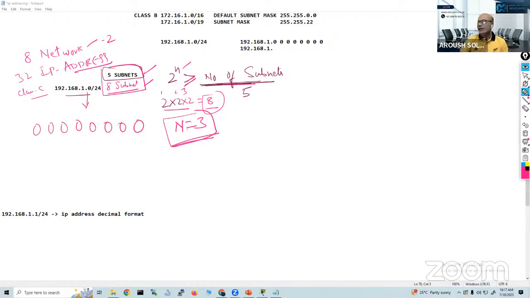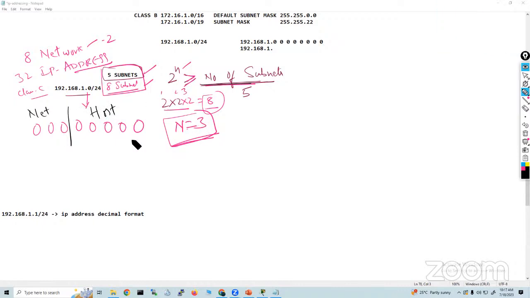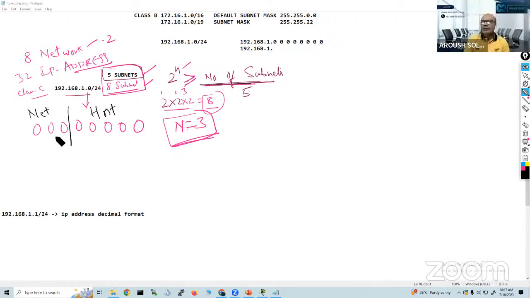I am dividing it here: 1, 2, 3. Now this will become your network portion and this will become your host portion. The n value here means it will give 2 to the power 3, 8 networks. How many hosts? 32 IP addresses in each network. If you calculate 32 into 8, it will become 256.